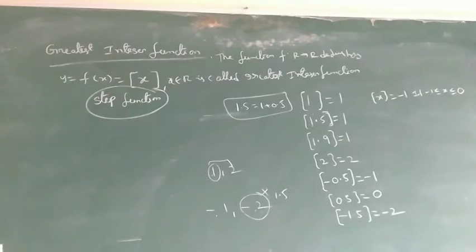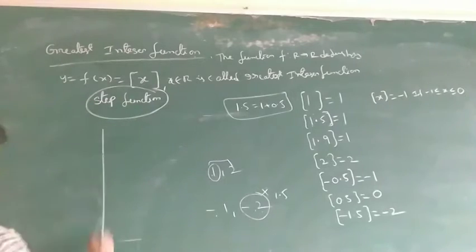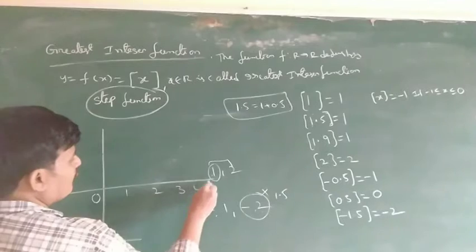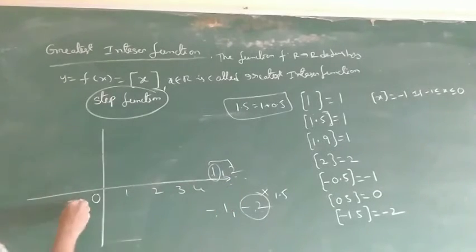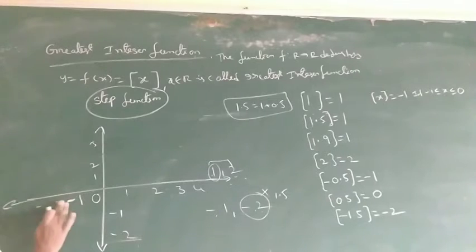So this is the real line: 0, 1, 2, 3, 4 and so on, and minus 1, minus 2 and so on. Starting from 0 to minus 1, in between all values are negative values.